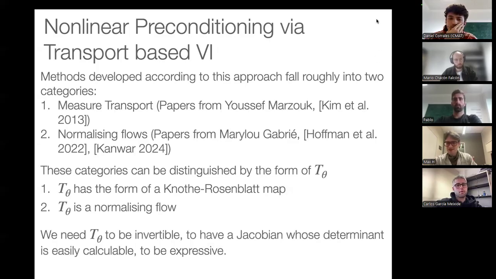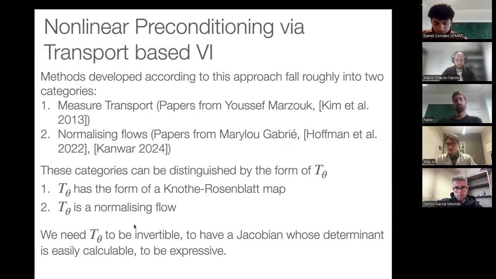Okay, but because we want to do MCMC on pi pushed forward through T inverse, we need T to have particular properties. We want T to be invertible, so the inverse exists, of course. But we also want to be able to evaluate the density of pi pushed forward through T inverse up to some normalizing constant, and so we want T to have a Jacobian whose determinant is easily calculable, so we can calculate that density.